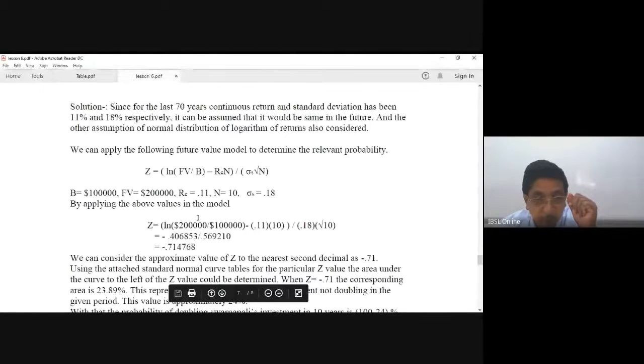Now, just look at the formula. Log FV divided by B will come as log 2 minus 0.11 into 10.